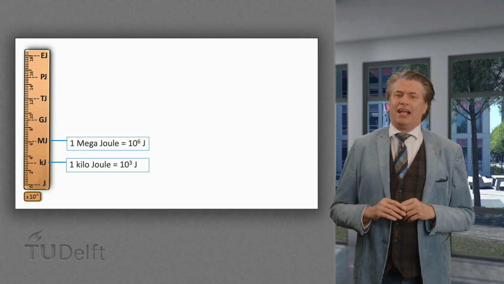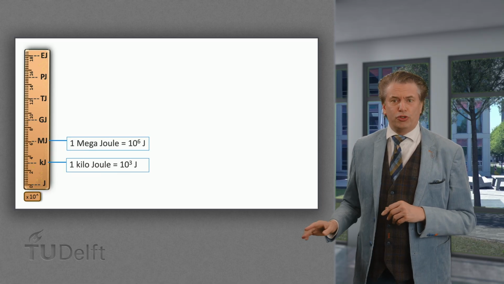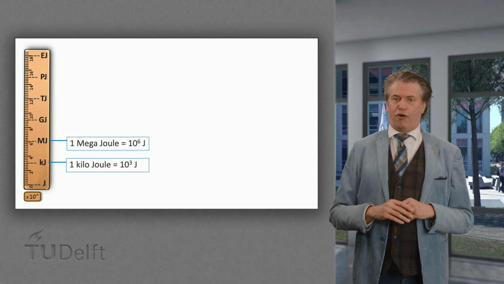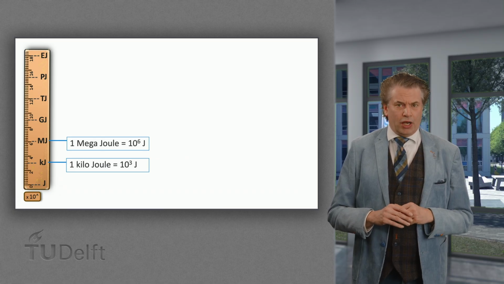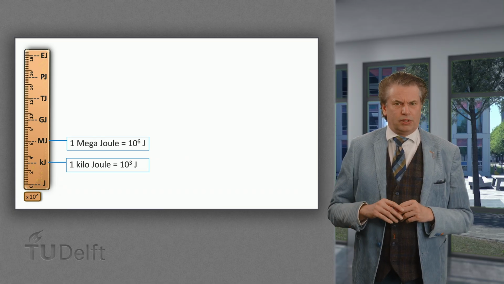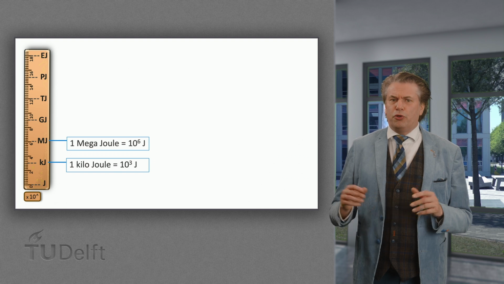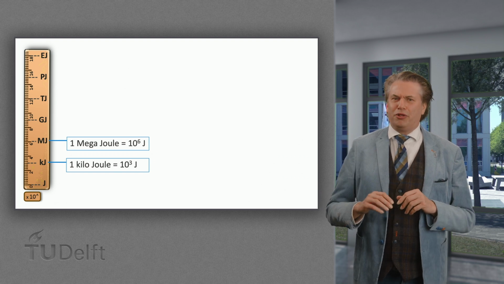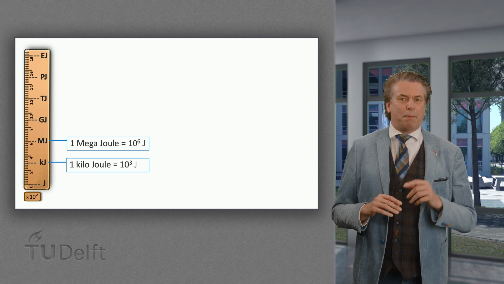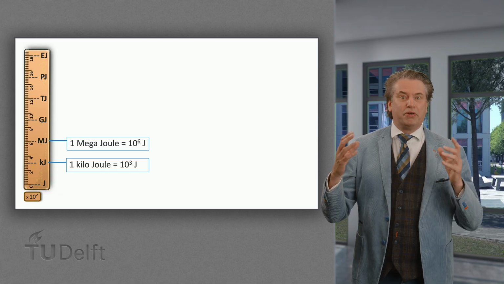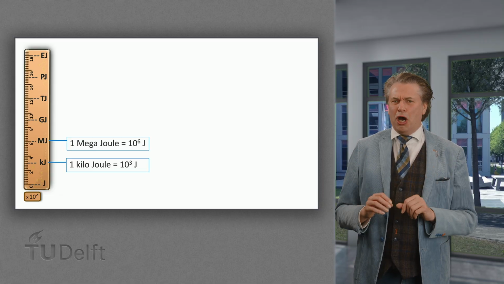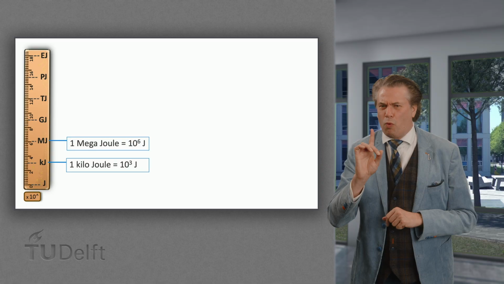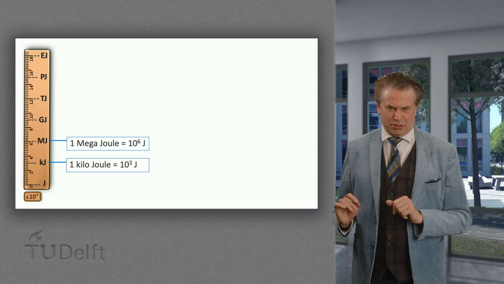The scale on the left-hand side of the screen shows the joule in increasing orders of magnitude with steps of thousands. The gigajoule is equal to a billion joules, the terajoule is equal to a trillion joules, the petajoule is equal to a quadrillion joules, and the exajoule is equal to a quintillion joules. That is a 1 with 18 zeros.